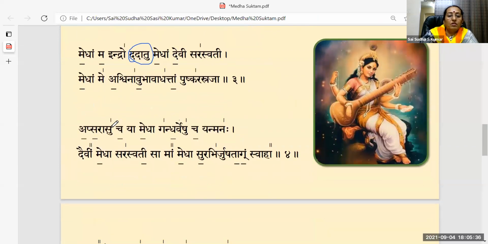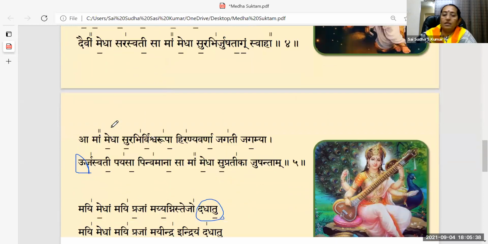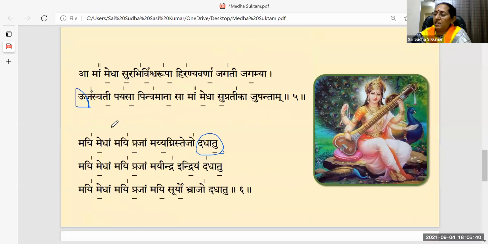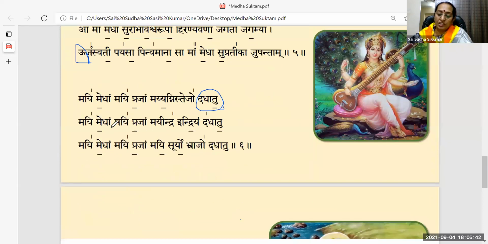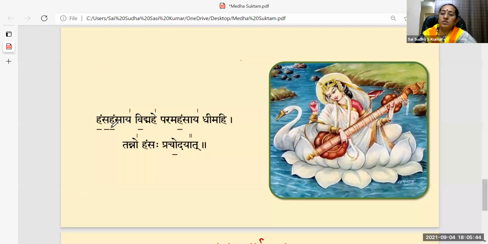So we'll quickly see the meaning of Medha Suktam, just the overall meaning, because there will have to be a separate session for the meaning. It is very vast, because there are many dimensions to the meaning.